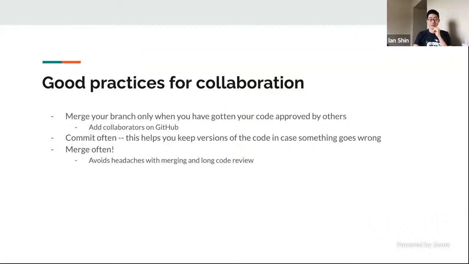But having a second set of eyes reading through your changes is really helpful in spotting mistakes, potential bugs, or things that you haven't even seen before or didn't think about. How to do that, we'll show you later, is you can add collaborators on GitHub to inspect your code before they approve the merge request. There's a green check mark when they approve it. Then you can merge the branches.